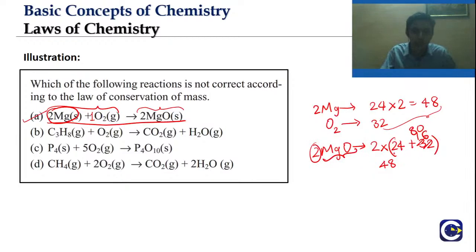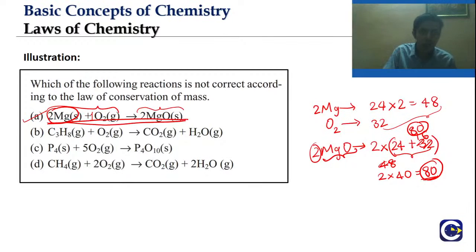So 2 into 40 equals 80. As you can see, mass of reactant is 80 and mass of product is 80, so this reaction obeys the law of conservation of mass. Clear?